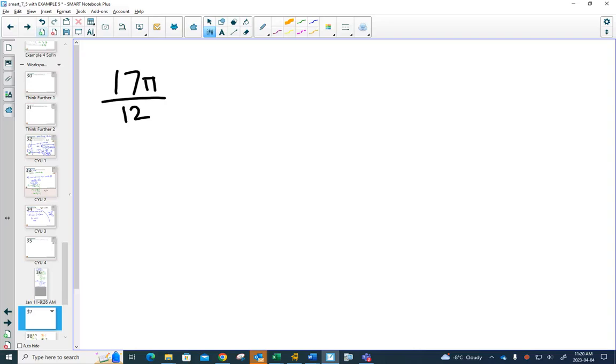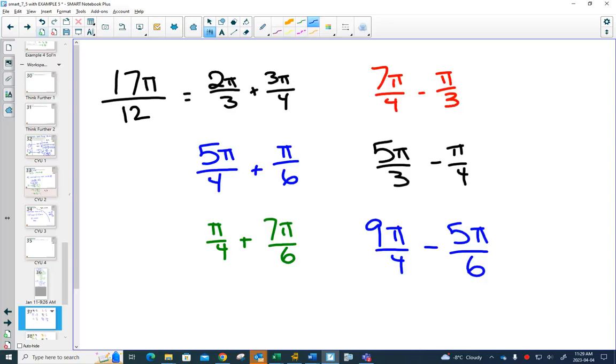Well, we're not going to take that much time, but we'll probably get 5 or 6 or 7 up there. So now we have got 6 different ones, and I'm about to ask you, what do they all have in common? But if you tell me they all equal 17 pi over 12, that's obvious, okay?